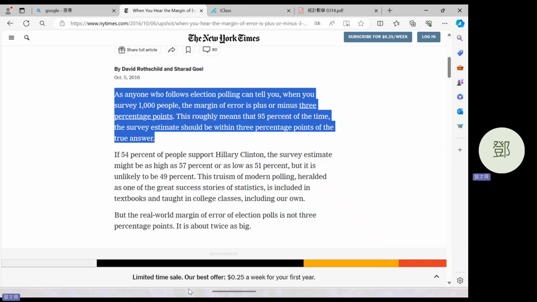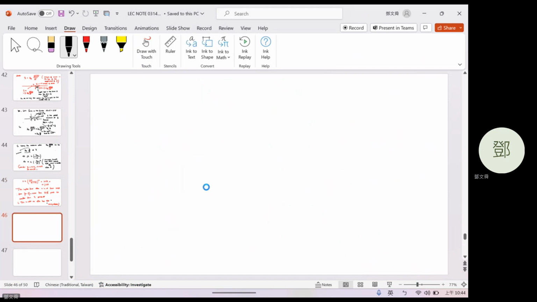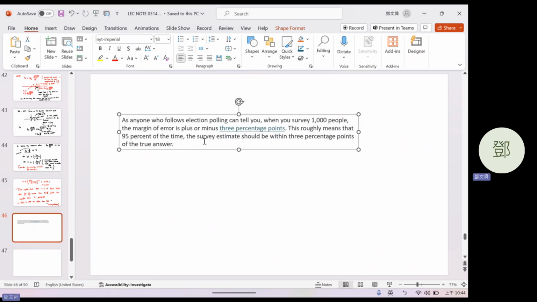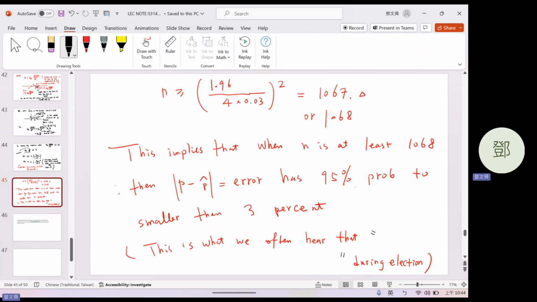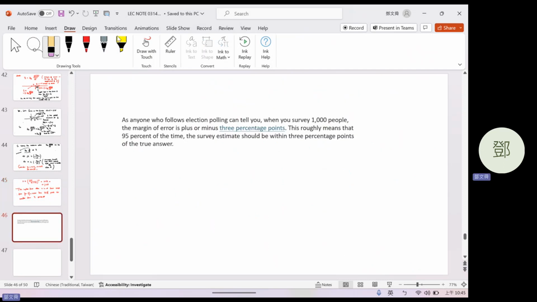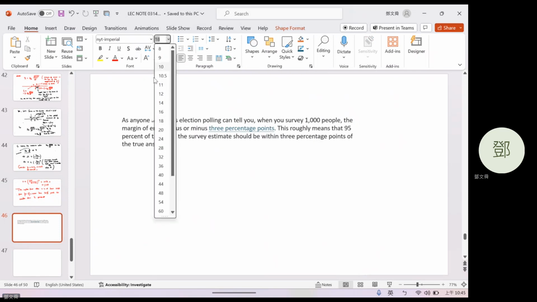Copy and paste. Let me rewrite this. Wait, and wipe off this.